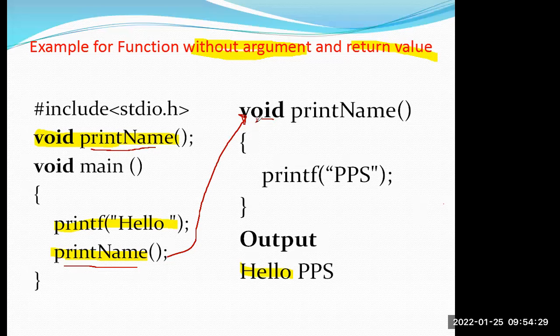In the function concept, there are three things. One is called the function declaration. Second is called the function call. Third is called the function definition, which is creating a function. Here, when we use void, it is the return type followed by the function name.